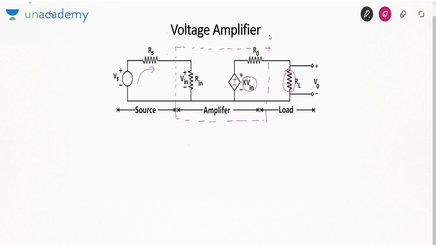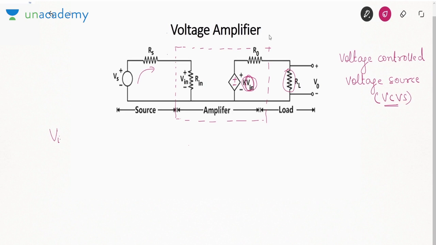If it is a dependent voltage source, what does it depend on? It depends on Vin. So we will call it a voltage controlled voltage source, because it is a voltage source which is being controlled by voltage Vin. So it is VCVS. So a voltage amplifier is also called a voltage controlled voltage source.